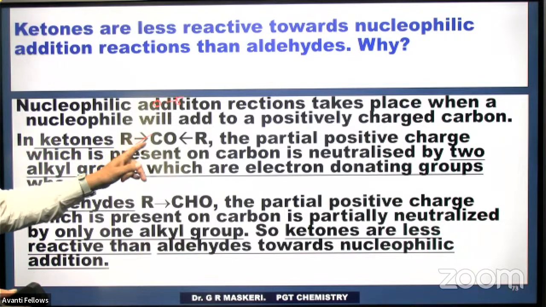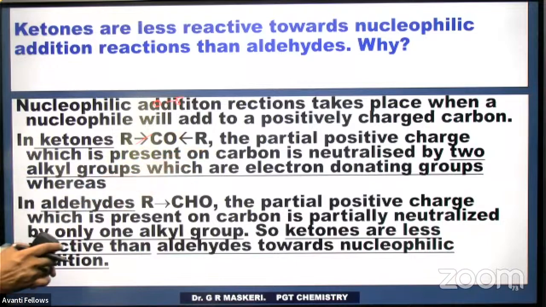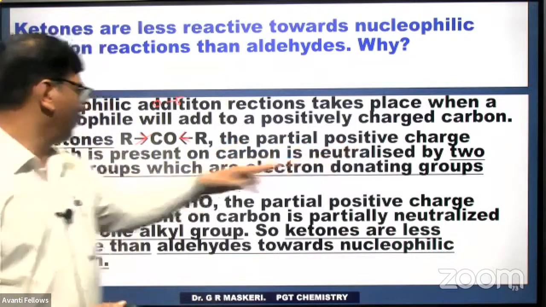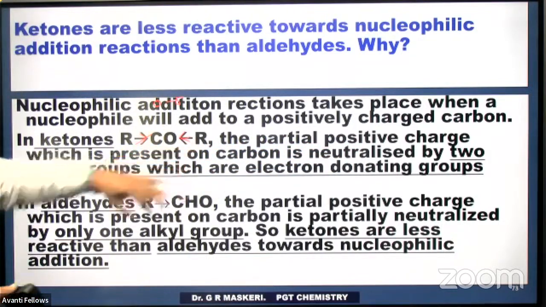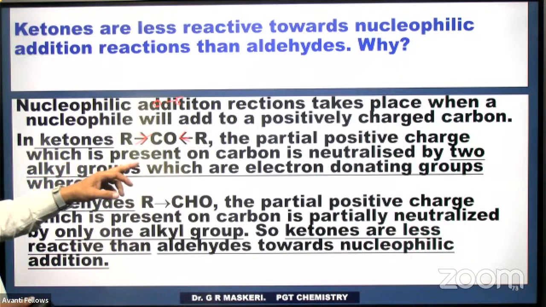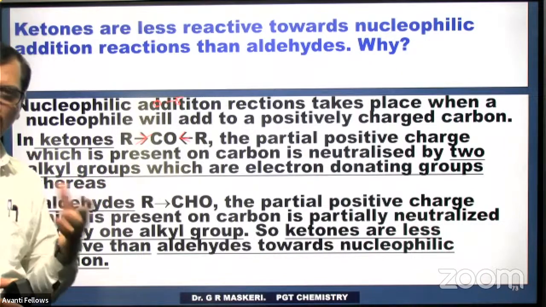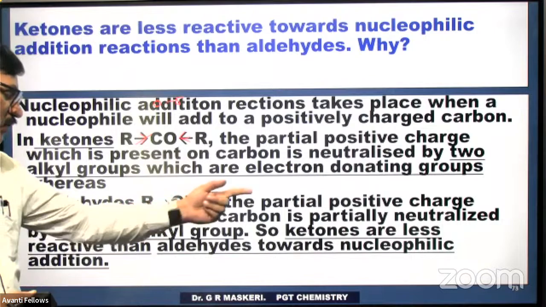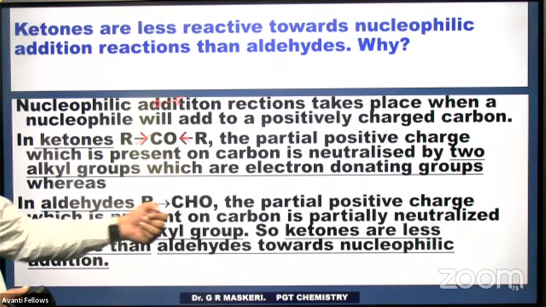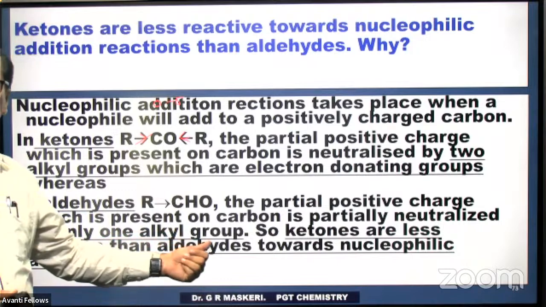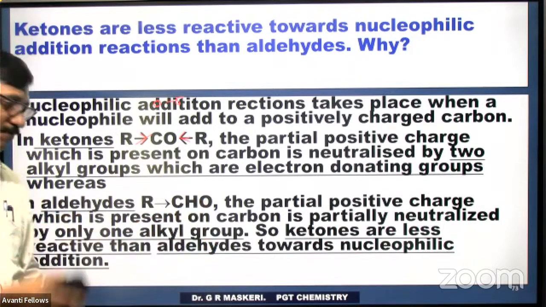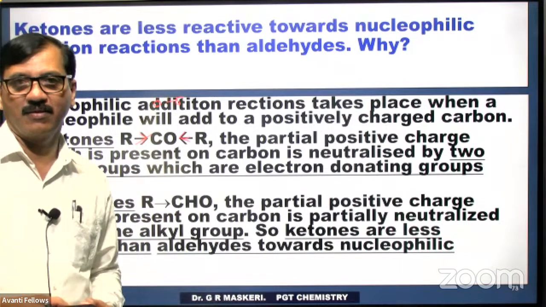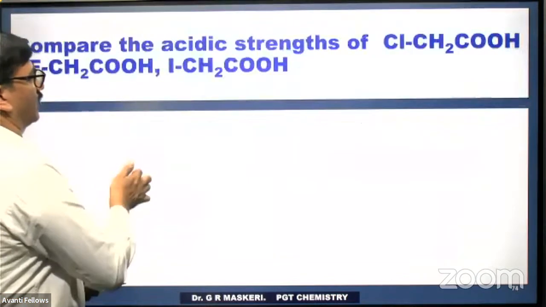In ketones, two alkyl groups are there. These are electron donating groups, and the partial positive charge on the carbon is neutralized by them, partially, may not be completely. In the aldehyde, the partial positive charge is partially neutralized by only one alkyl group. It is also partial, but less than in the ketone. Therefore, ketones are less reactive than aldehydes. So this is the way you have to put it in your answers.